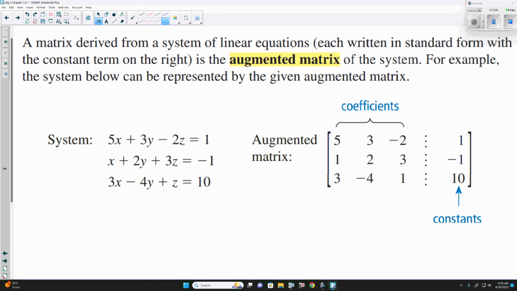So if we took this system, 5x plus 3y minus 2z equals 1, x plus 2y plus 3z equals negative 1, and 3x minus 4y plus z equals 10, and we take the coefficients, the numbers in front of the variables with their signs, we can make an augmented matrix. Now this augmented matrix has 3 rows and 4 columns, so we call this a 3 by 4.